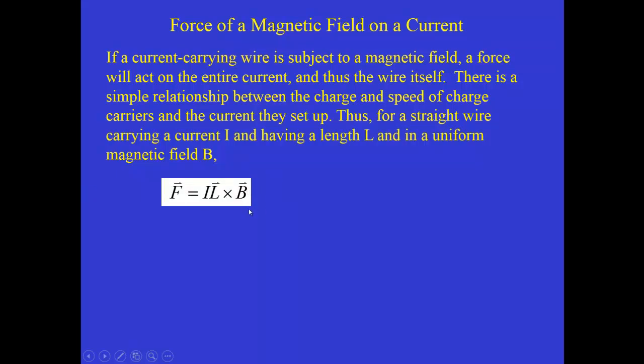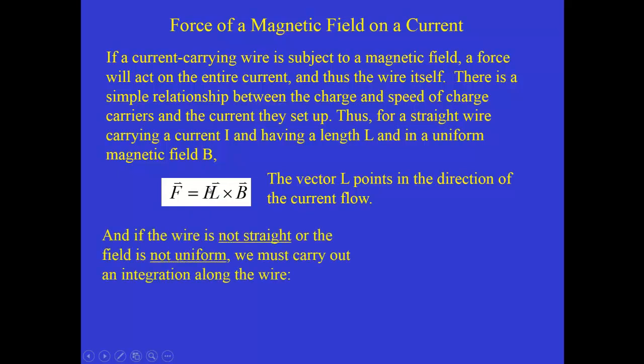It has a similar kind of cross product, and we write it as the current times the vector L, which has direction along the length of the conductor and magnitude equal to the length of the conductor, crossed into the magnetic field. So this holds true for a constant current and for a straight wire of length L. By convention, we regard L to be pointing in the direction of the current flow.